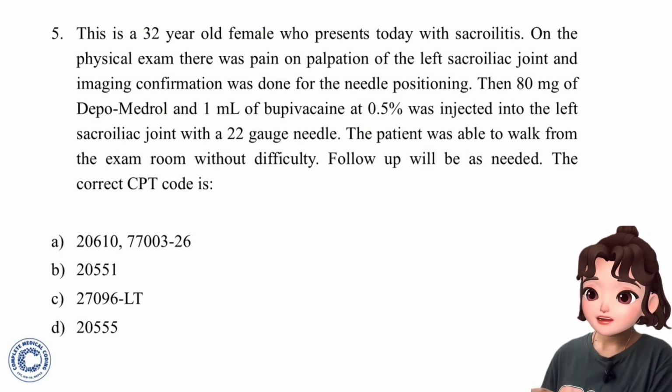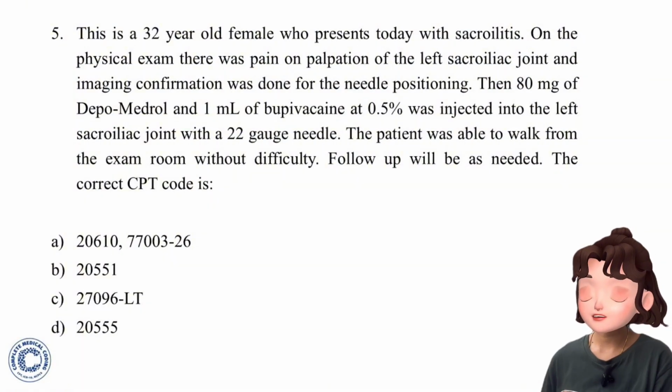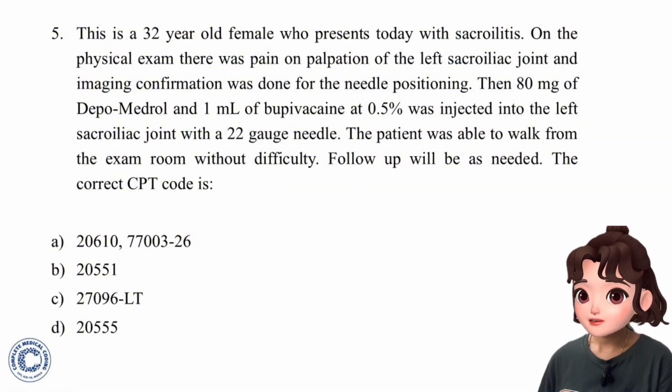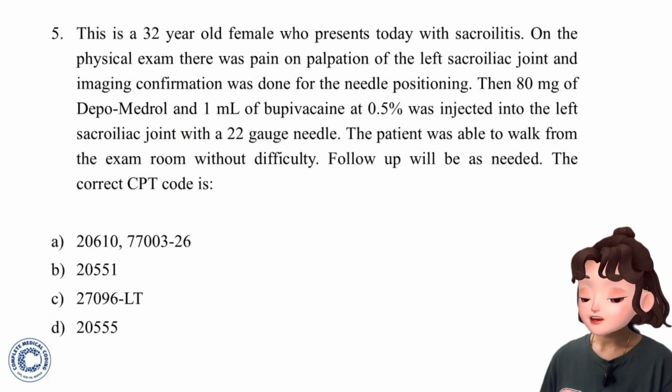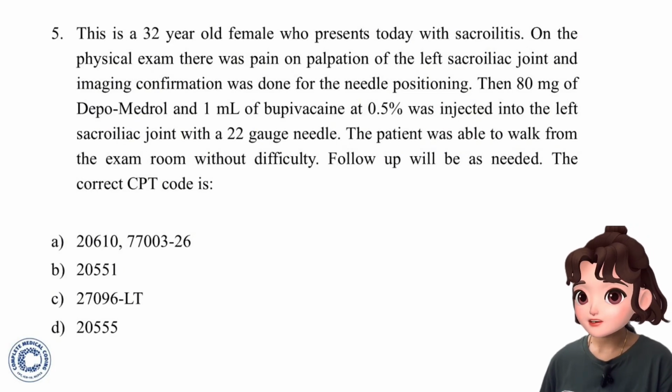Let's discuss the codes. What's the first one? 20610. What is the code for 20610? The description: 20610 is arthrocentesis, aspiration and injection, major joint or bursa without ultrasound guidance. So 20610 is the code for arthrocentesis. Of course, this is not an arthrocentesis procedure. Okay.